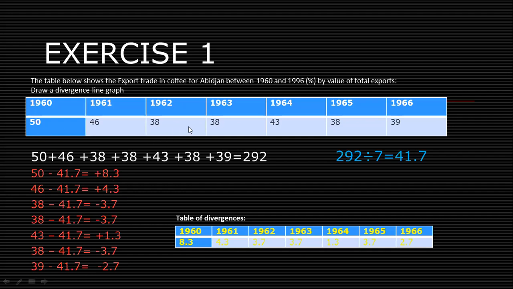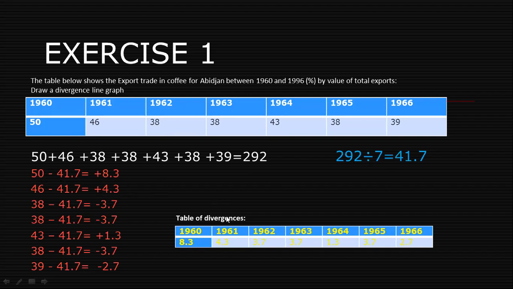We have got them from here, and then we are using this to subtract. Those things are key and every student must understand. Some students exchange and use this, they get 41.7 minus 50. That will be wrong. It is the values minus the average.